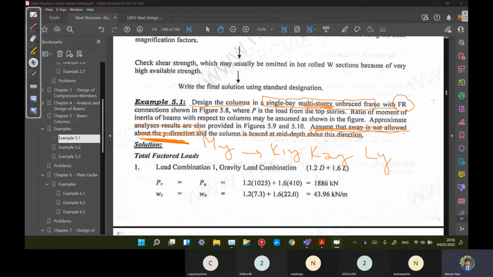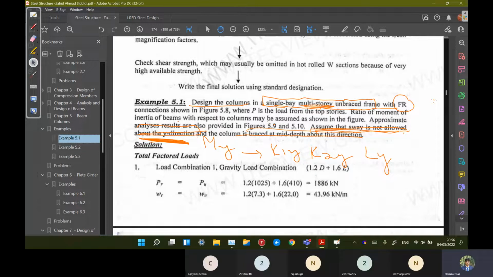And another thing about bracing: if the column is braced in any direction, then in that direction there will be no lateral movement. So k2 would be 0. It can be k2x or it can be k2y. Whichever direction it is braced about, there will be no second or lateral movement in that.